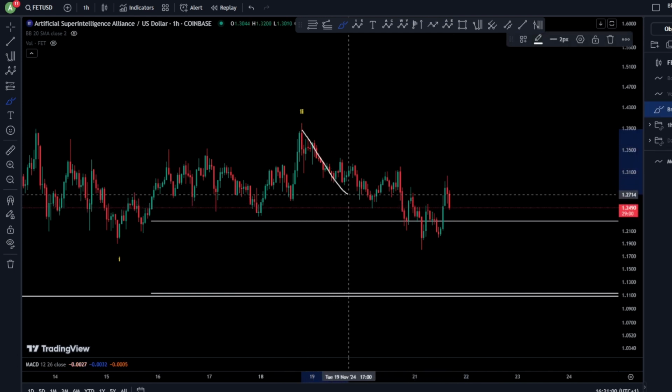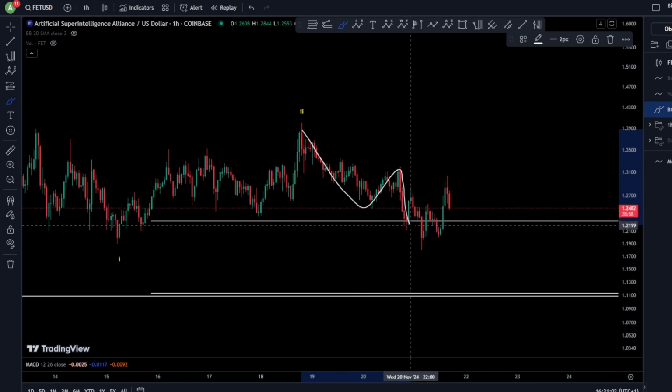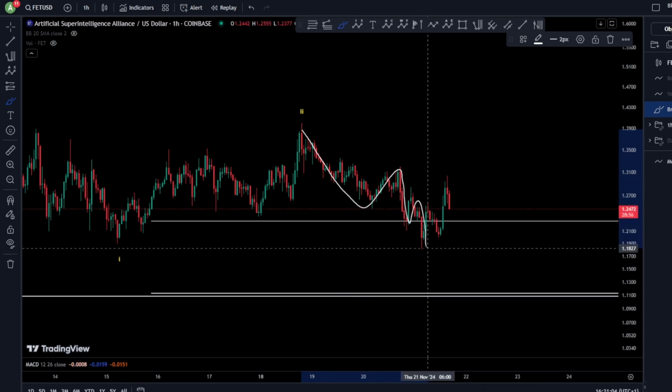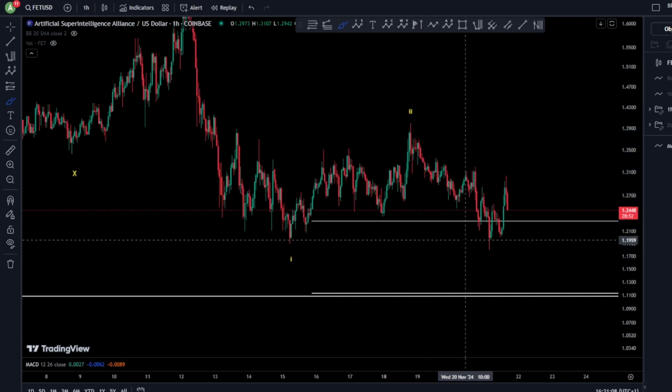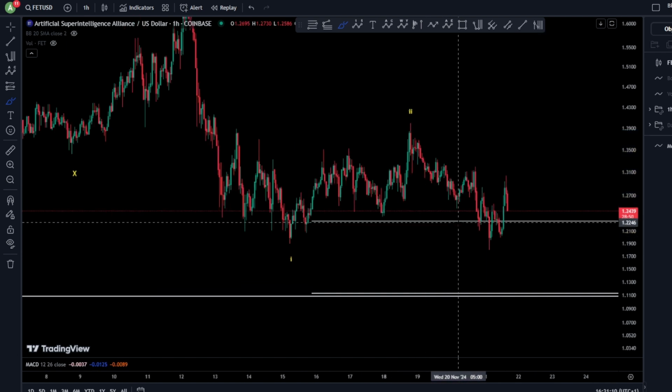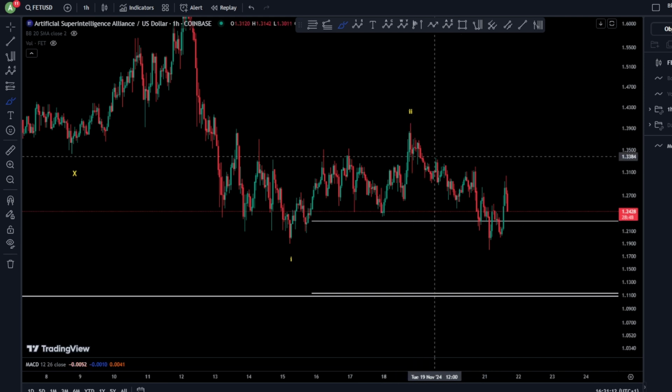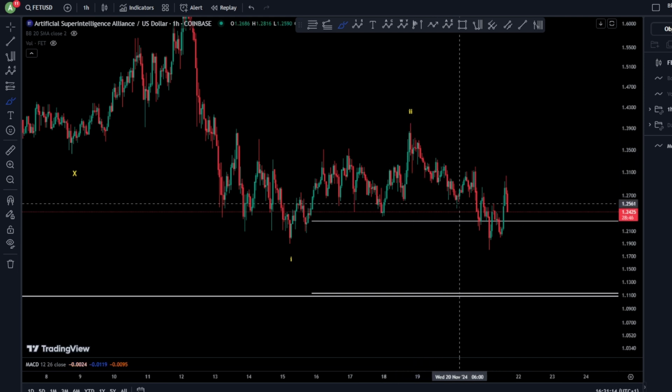So if we are in a 1, 2 here, and then a 1, 2, 3, okay, but here we have an unfinished wave. Let's check this again. 1, 2, 3, 4, and a 5.